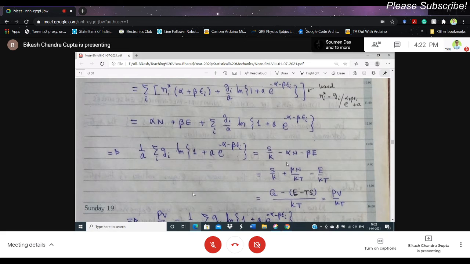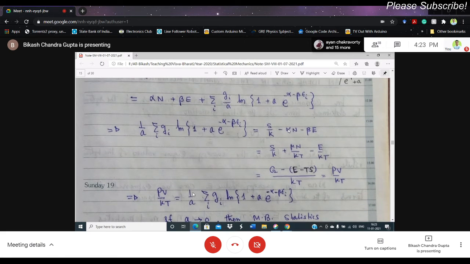Now let us first write it as S by k plus mu N by kT minus beta, which is 1 by kT times E. If you multiply by T in the numerator and denominator, the denominator becomes kT, and here it will be TS.